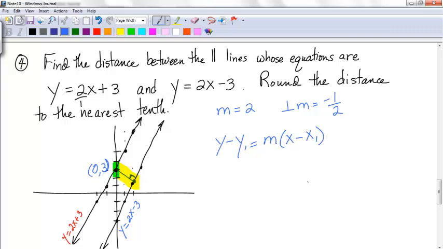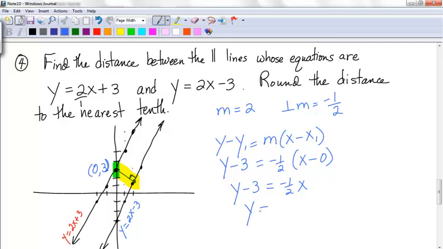I've got to find the equation of that line. So I'm going to use the ordered pair (0, 3). So it's y minus 3 equals negative 1/2 times x minus 0, right? So I got y minus 3 equals negative 1/2 x.